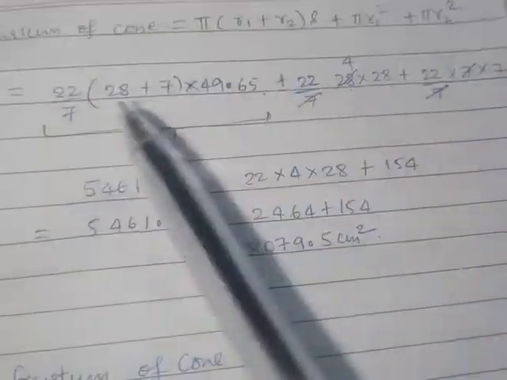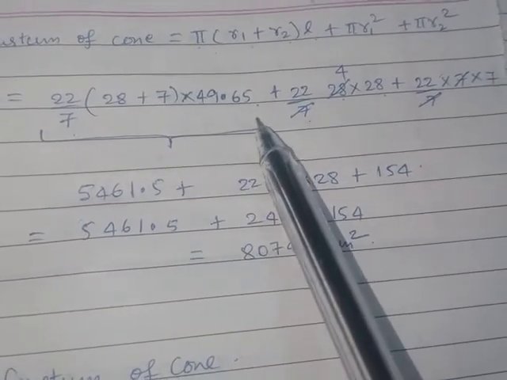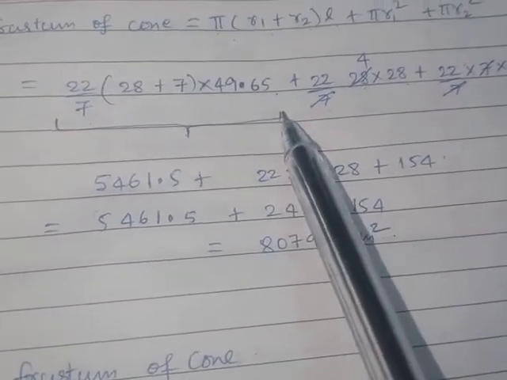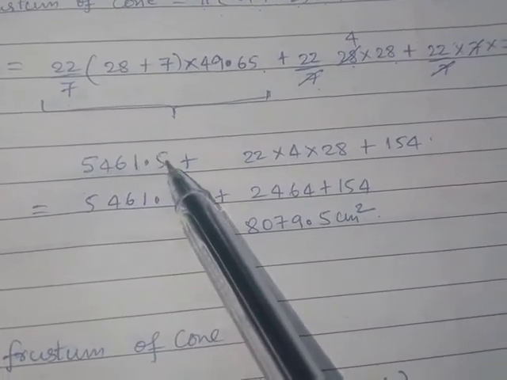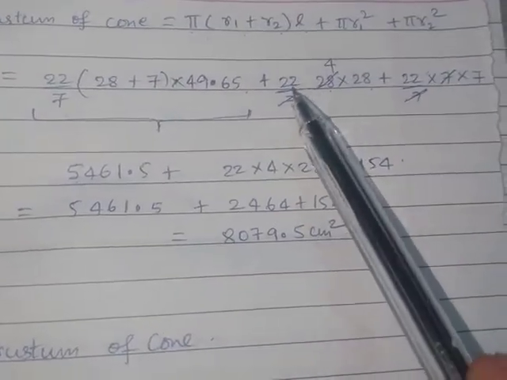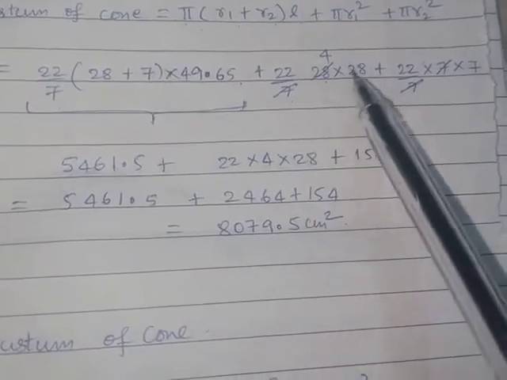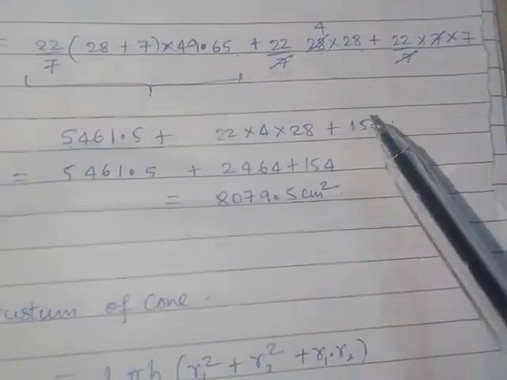Observe here, we already calculated the value of the curved surface area of the cone, that is 5461.5 centimeter square, plus now the remaining thing is 22 into 4 into 28 and 22 sevens are 154.